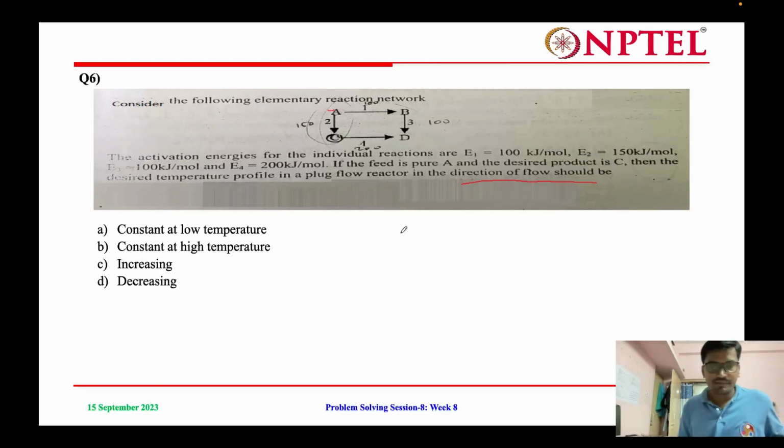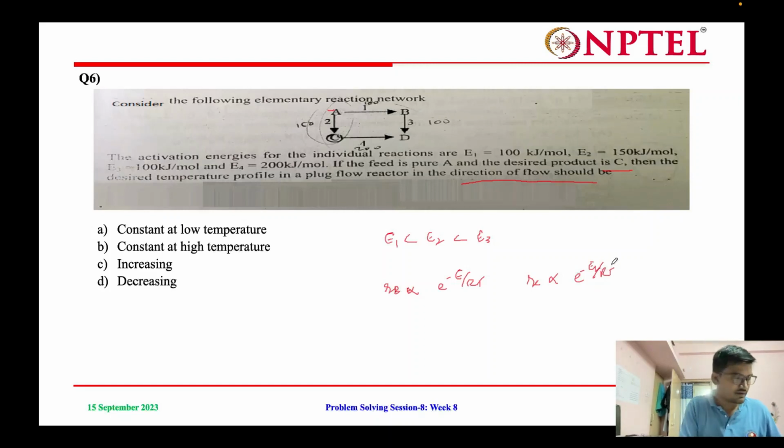So from the given data, E1 less than E2 less than E3. Here C is the desired product. Now rB is directly proportional to exponential of minus E1 by RT, and rC is directly proportional to exponential of minus E2 by RT.